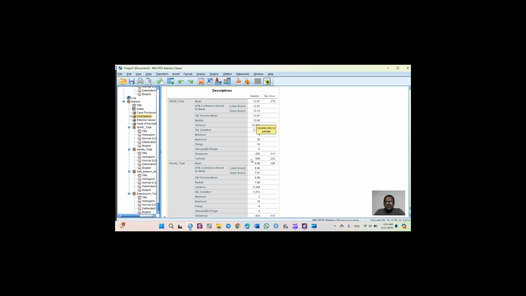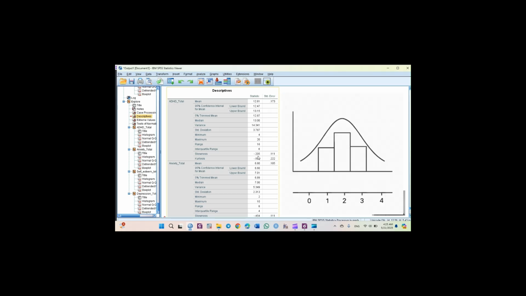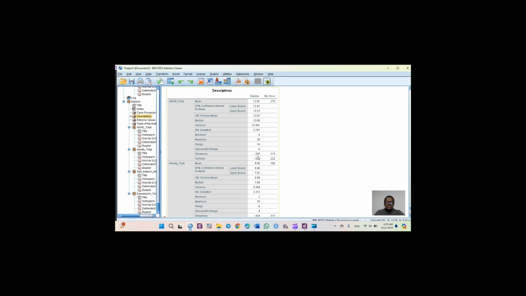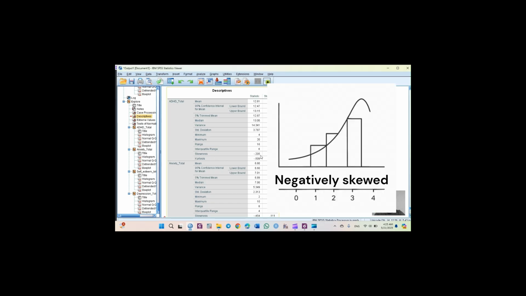The other important part here is skewness and kurtosis. Skewness especially tells about the symmetry of the data distribution. In a normal distribution, the data is distributed in a bell shape, and in the case of positive or negative skewness, this bell shape might be distorted.